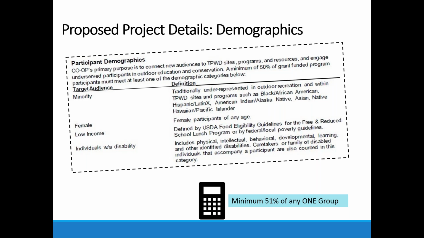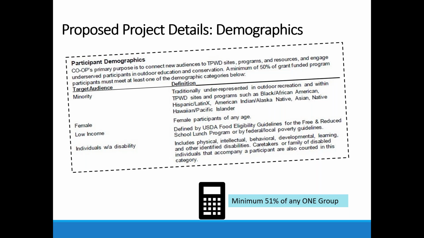We define demographics as the following: minority, females of any age, low income as described by the USDA food eligibility guidelines or by federal and local poverty guidelines, and then individuals with a disability. This can include physical, intellectual, behavioral, developmental or learning disabilities. Caretakers or family that are accompanying disabled individuals are also allowed to be counted in this category.